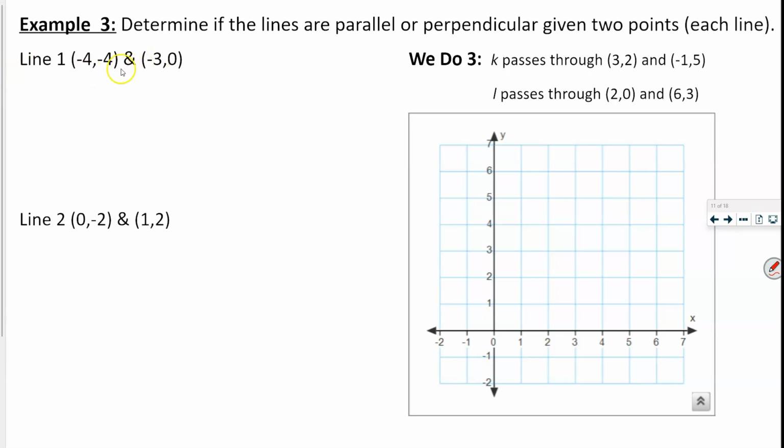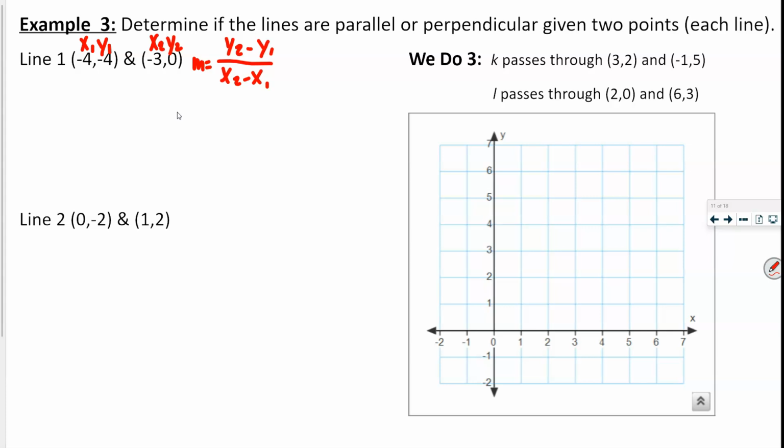So line 1 has these 2 points, right? So what we're going to do, we're going to start with labeling these. So I'm going to label this one x1, y1, this one x2, y2, okay? Remember, our formula is y2 minus y1, change in y, over x2 minus x1. And this is on your formula sheet. This is our m. That's our slope, right?